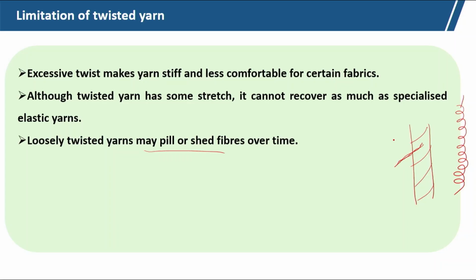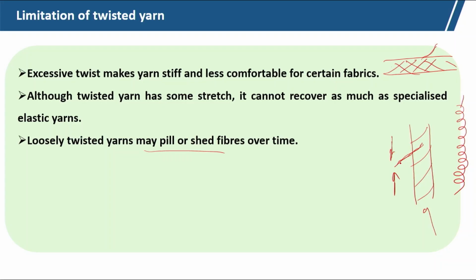So, here due to rubbing, let us see this is a yarn in a fabric. Okay. Now, when the fabric surface is rubbed, from one yarn a fiber is coming out, this is the fiber.